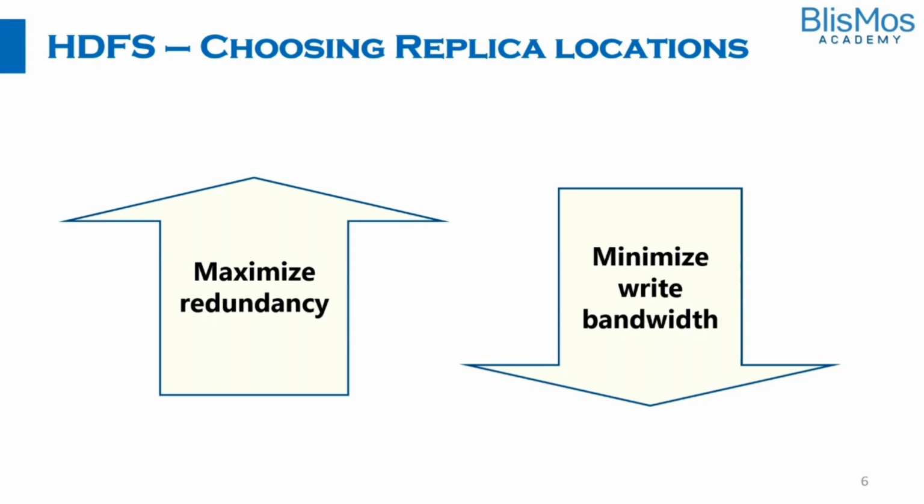But when you are trying to send 1 GB of data from San Francisco to Bangalore, it takes more time. We wouldn't realize that, but it happens whenever you are sending more data to a faraway location, rather than sending the same amount of data to a location which is near to you. We also need to ensure that whenever we are replicating, we are minimizing the write bandwidth. We'll see that in a bit more detail.